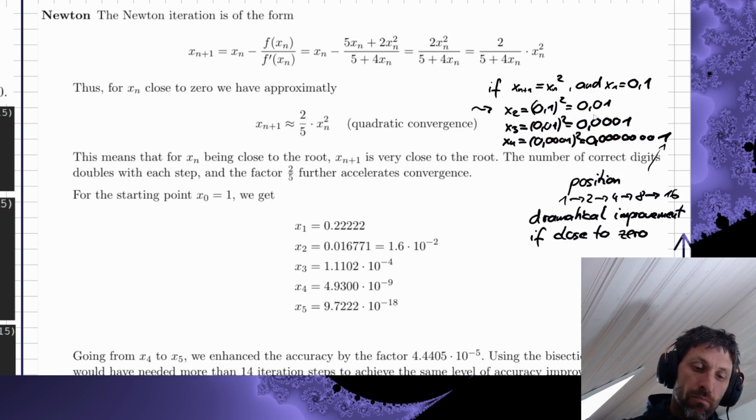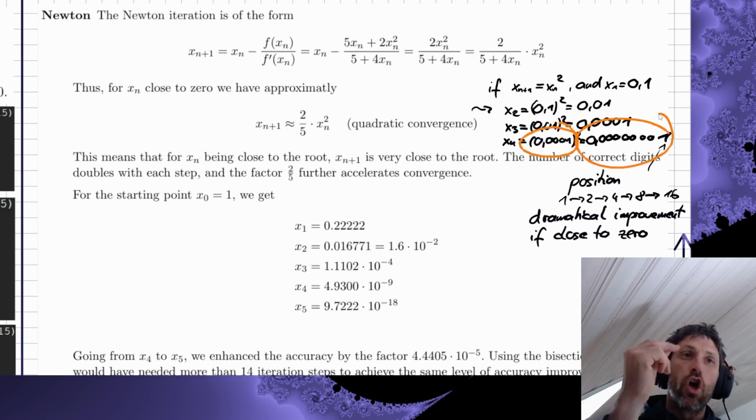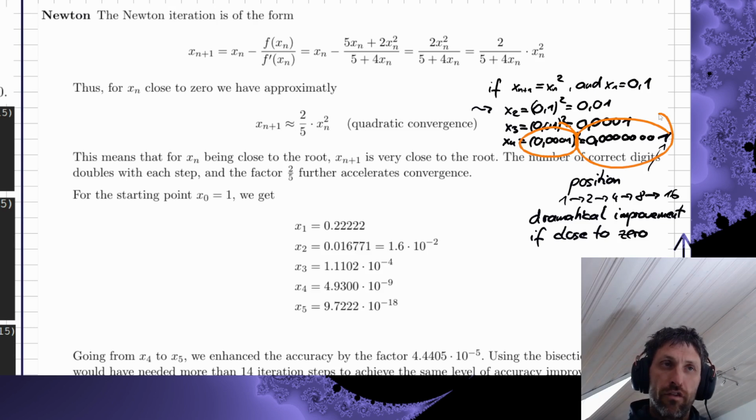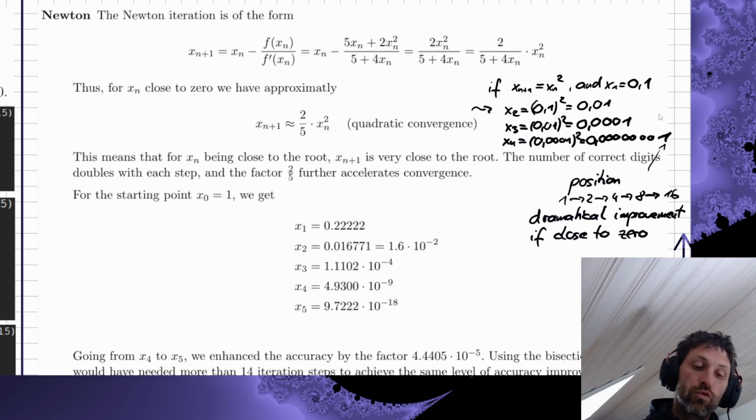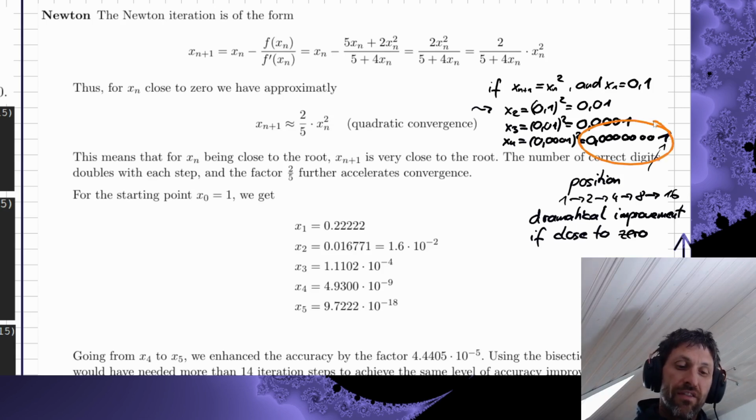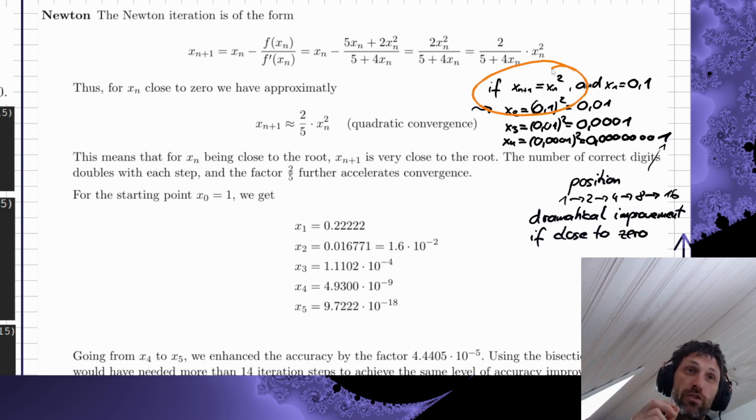This number squared is that. And one more step means you have a lot more correct digits. And if you do one more step, you have 15 correct digits. That means quadratic convergence. It means if you are close, you will be much closer than linear convergence will do.